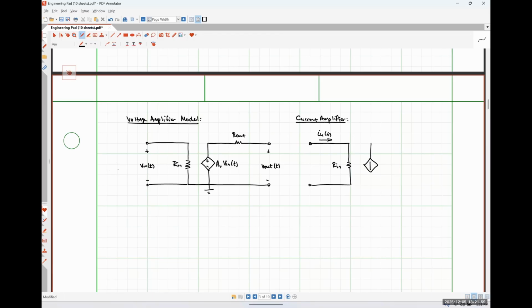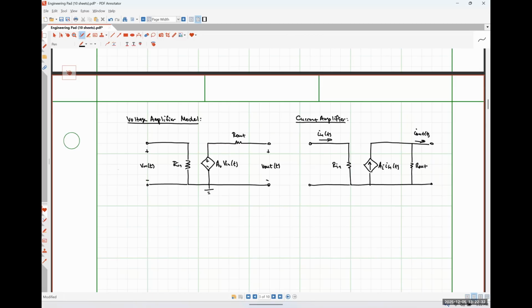Now I've got a current source here, AI times In of t. And because I've got a current source here on the outside, I'm going to put my output resistance in parallel. So here's I out of t.